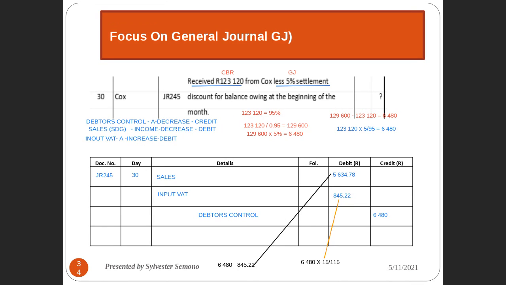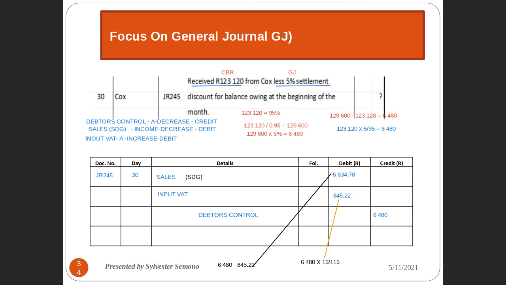Guys, remember you need to ask questions on the board. Why is sales debited? It is because of the settlement discount granted. Remember, if you give someone a discount, let me explain it like this.